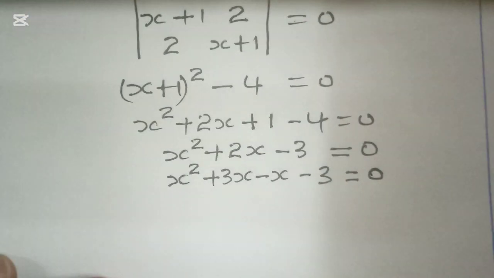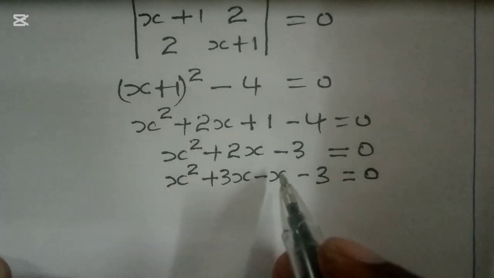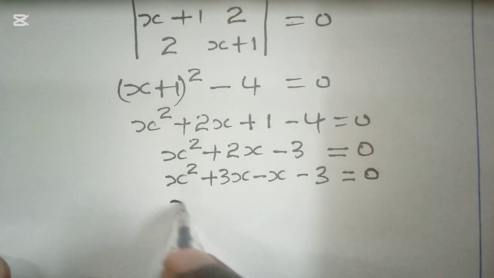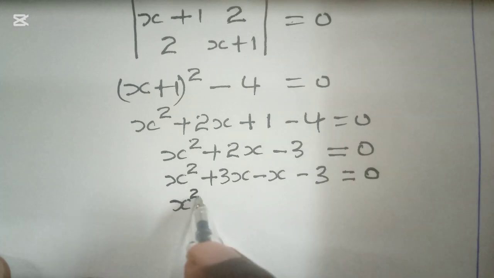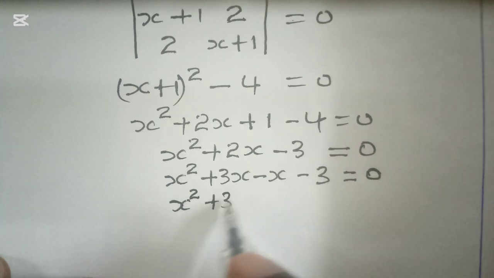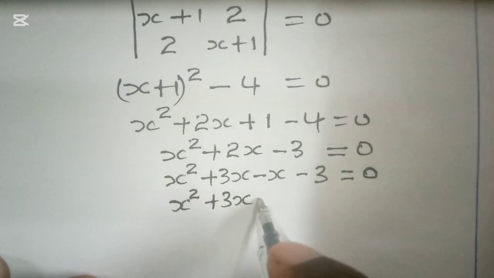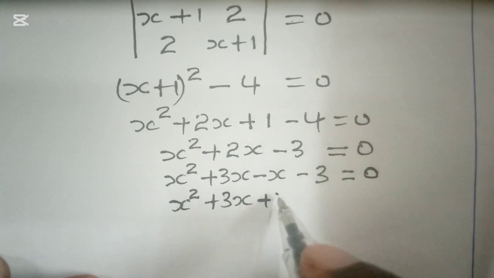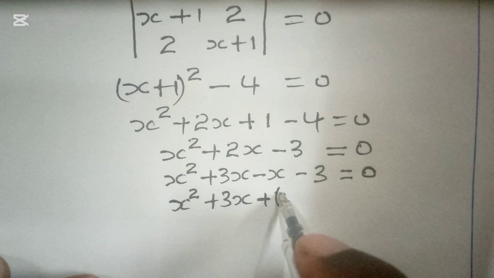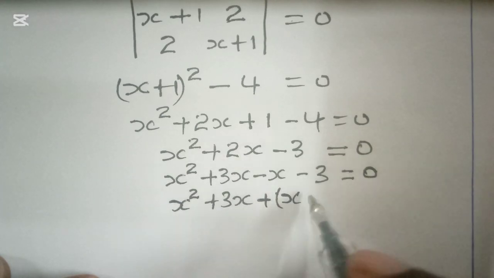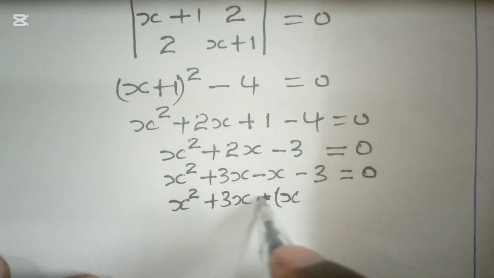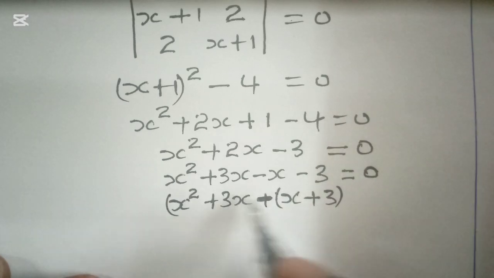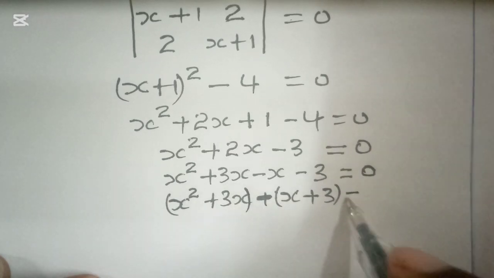Without further ado, we are going to have x squared plus 3x, then a bracket, minus x minus 3 in another bracket, equals 0.